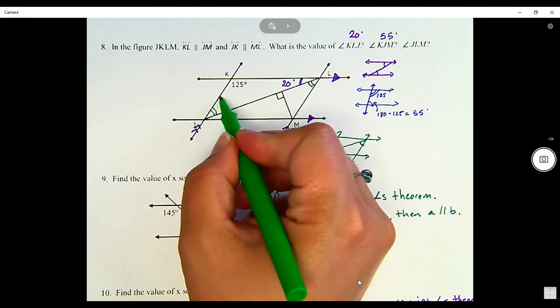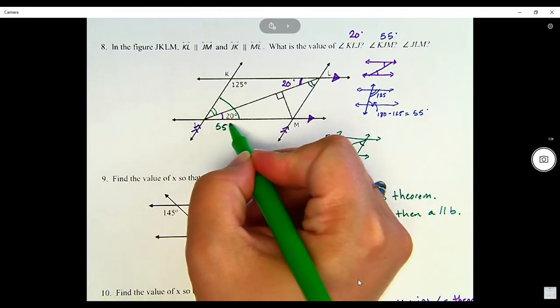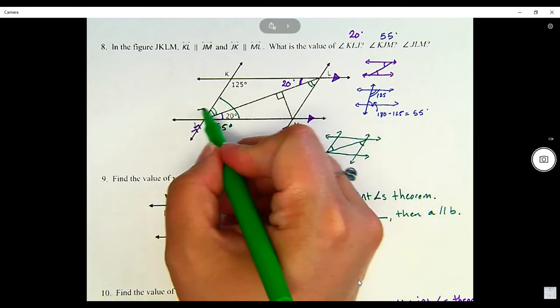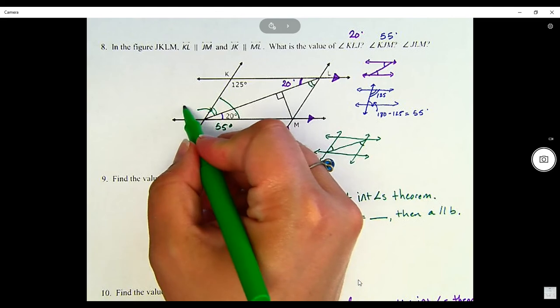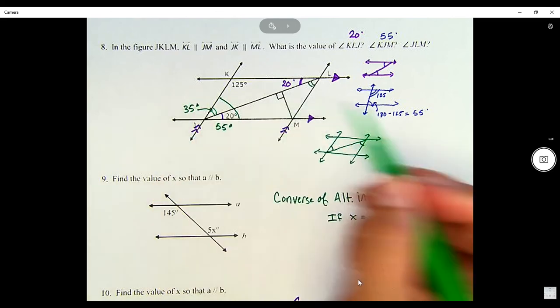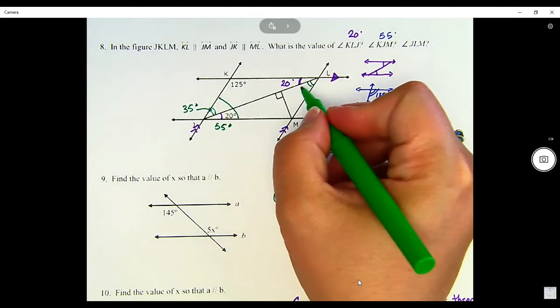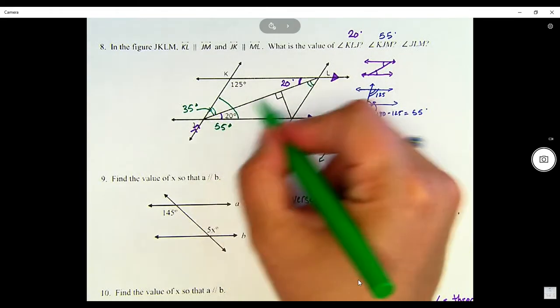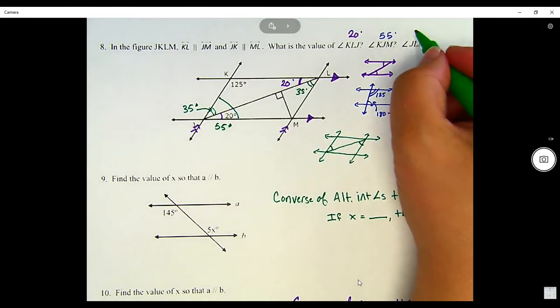So from here all the way to here, it was 55 degrees, right? So if I just wanted to find this part right here without the 20, 55 minus 20 is going to give me 35 degrees. And that happens to be alternate interior with this angle right here that they're looking for, JLM. So that one is 35 degrees.